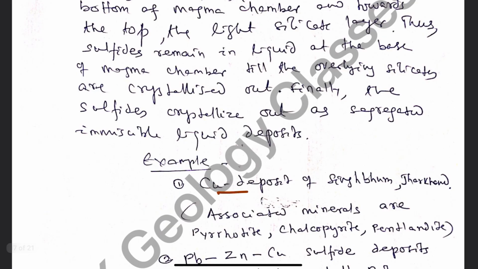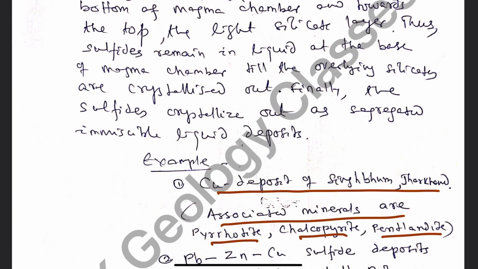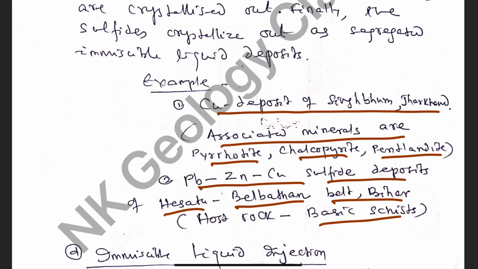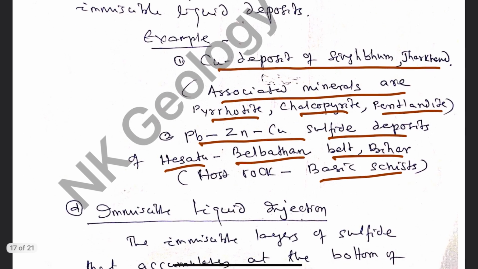Example, copper deposit of Singhbhum, Jharkhand, with the associated minerals of pyrrhotite, chalcopyrite, pentlandite. Similarly, lead, zinc, copper sulfide deposits of Hesatu, Belbathan belt of Bihar. They are associated with basic sheets.